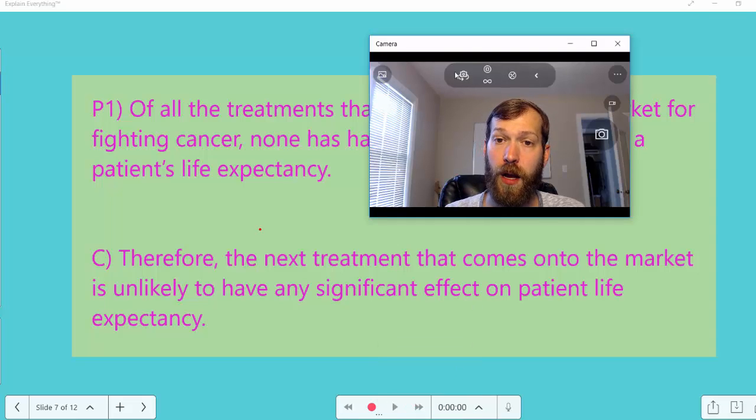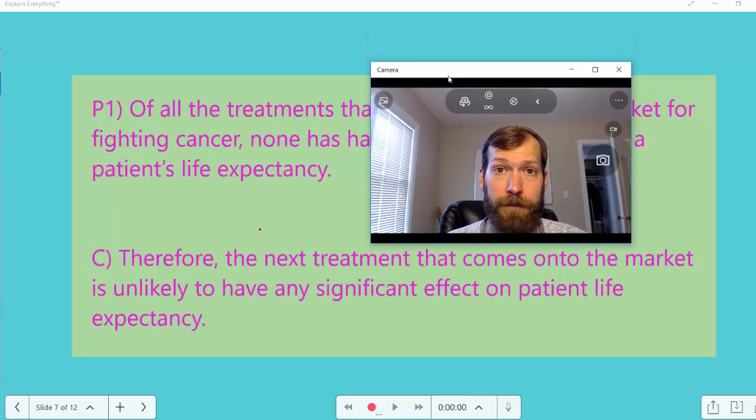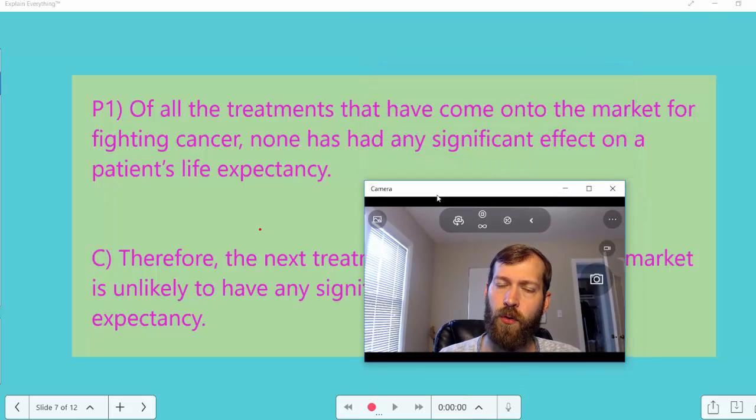If you decided that it's a strong argument, good. This is also a strong argument. So if all the evidence that we have is that all of our past treatments never had any significant effect on a patient's life expectancy, right?